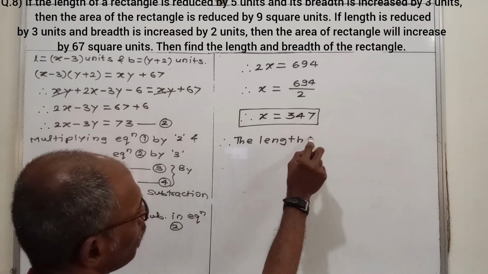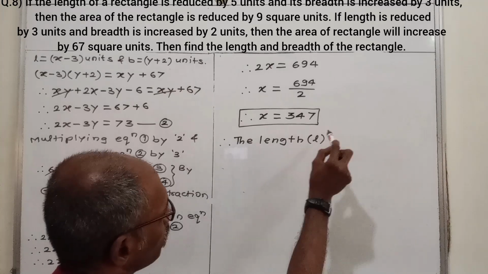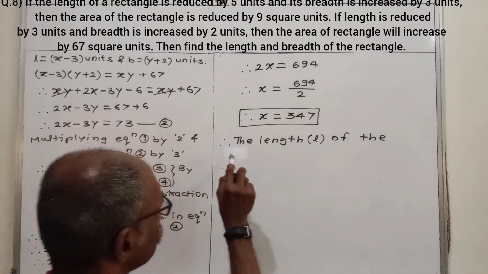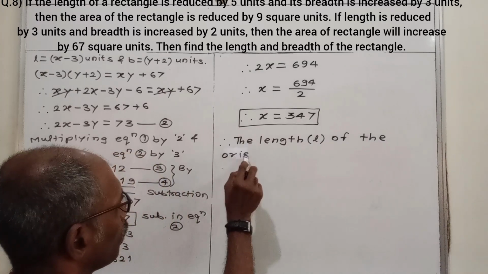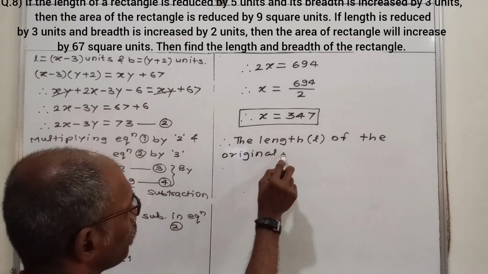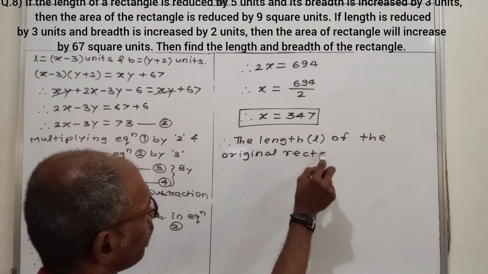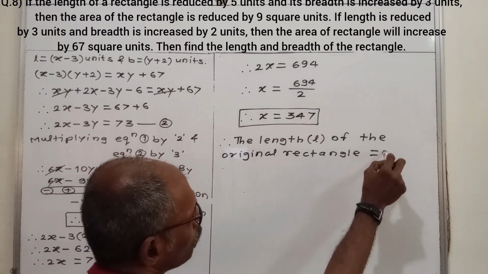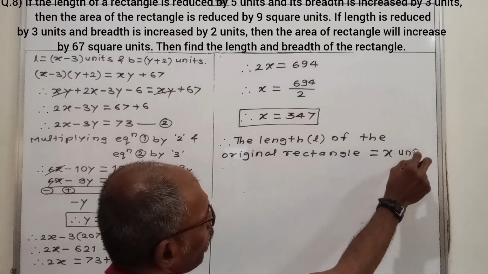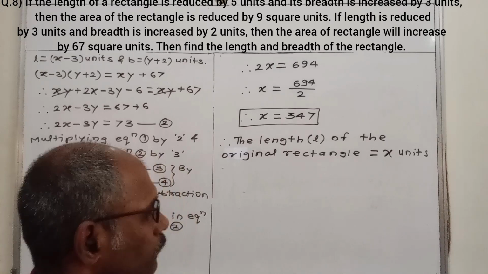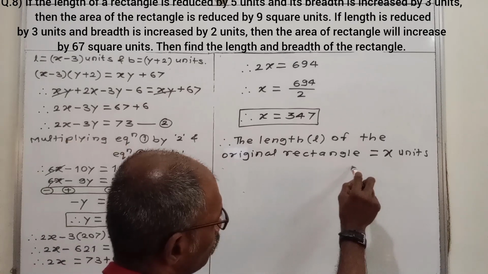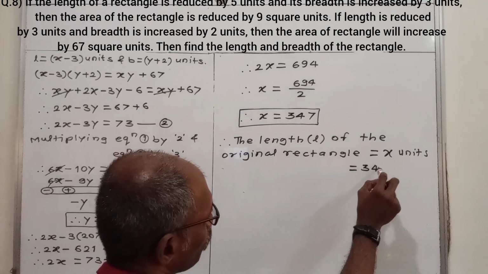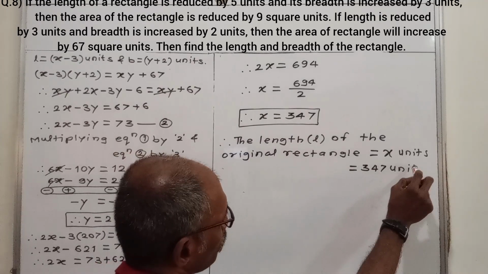Therefore, the length L of the original rectangle is equal to x units. No, x is equal to 347 units.